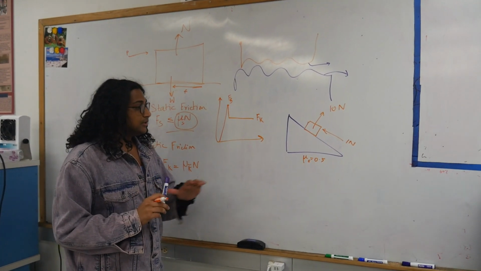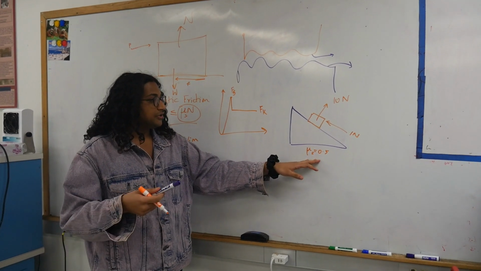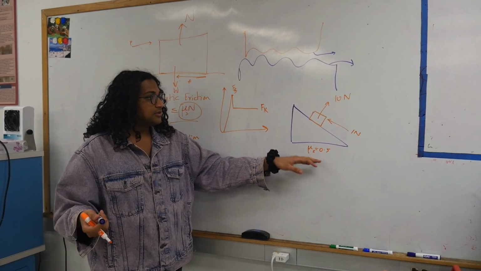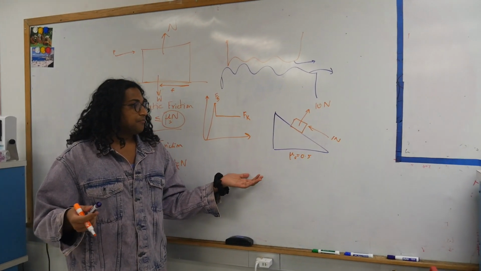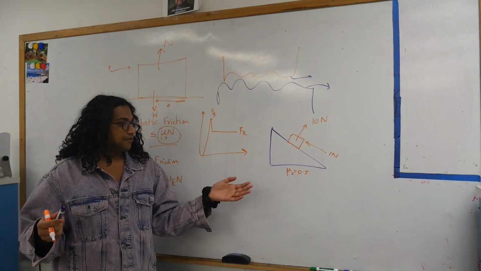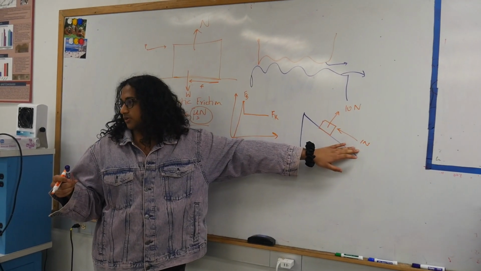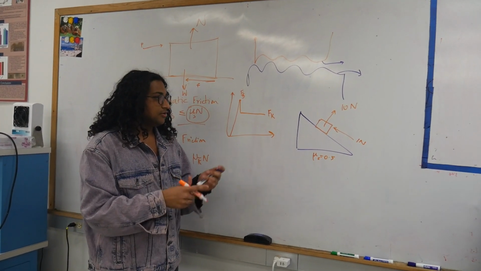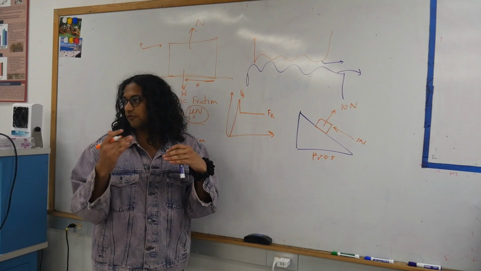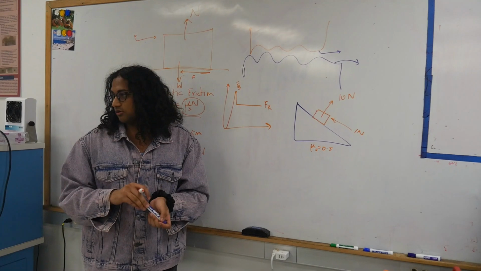Since the static friction limit is 10 times 0.5, which is 5 newtons, and we're pushing with 1 newton, the static friction would have to be 1 newton because it's not moving, and the static friction has to combat the force acting on the brick. Yeah, I definitely agree.